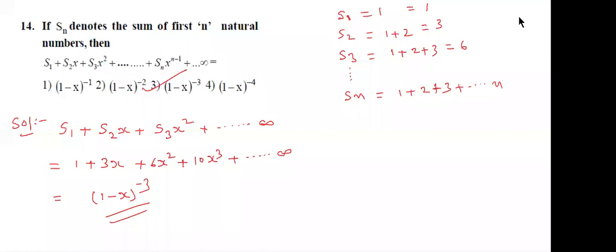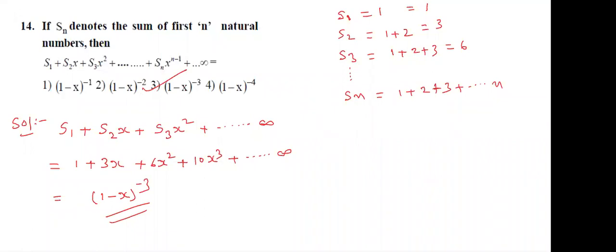So Sn denotes the sum of first n natural numbers, S2 denotes the sum of two, S3 denotes the sum of three. On that basis we have written the values S1, S2, S3 and S4. So we identified that it is the formula of 1 minus x whole power minus 3 only. Yes or no? Right.